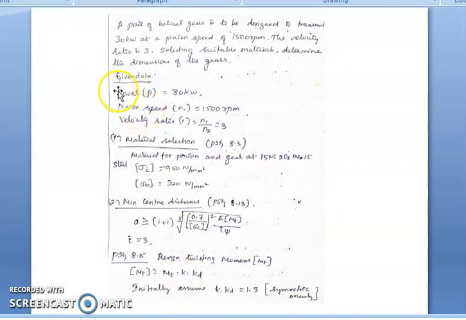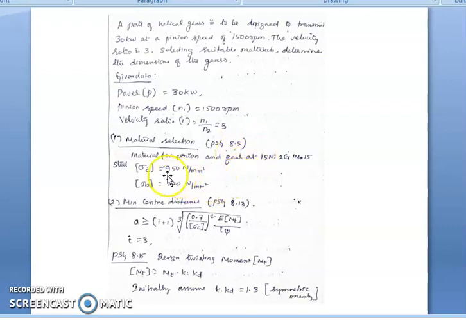So first, write the given data. Power P is equal to 30 kilowatt, pinion speed N1 is 1500 rpm, and the velocity ratio i is equal to 3, which is nothing but N1 by N2. As in the spur gear, the first step is material selection, which is available at page number 8.5.